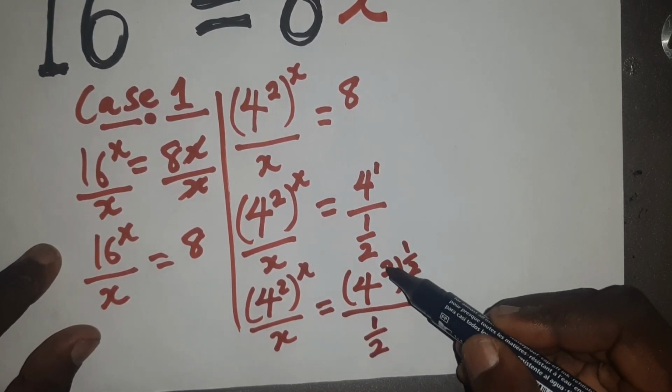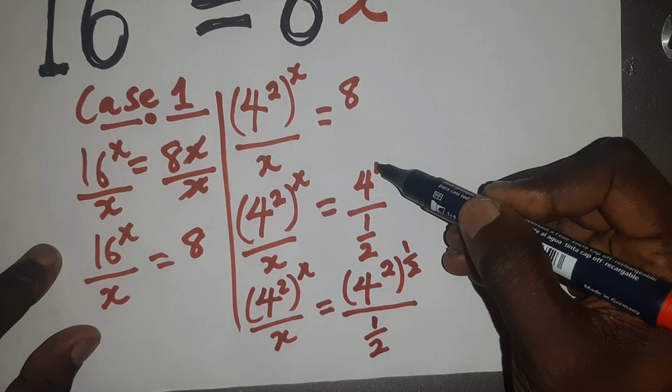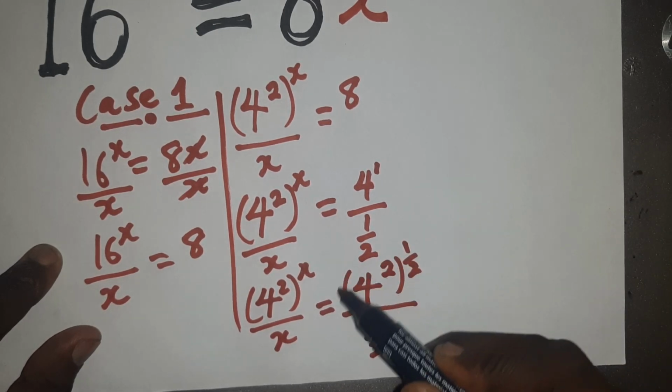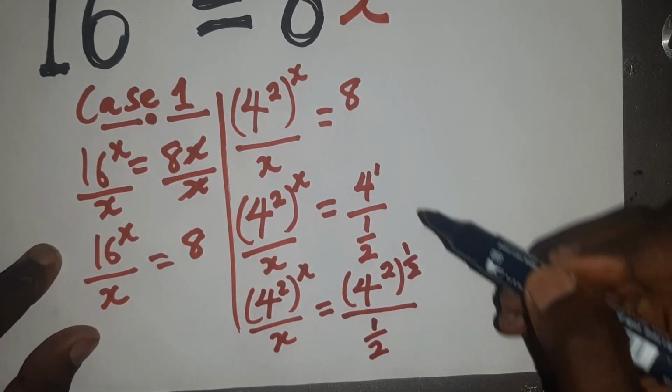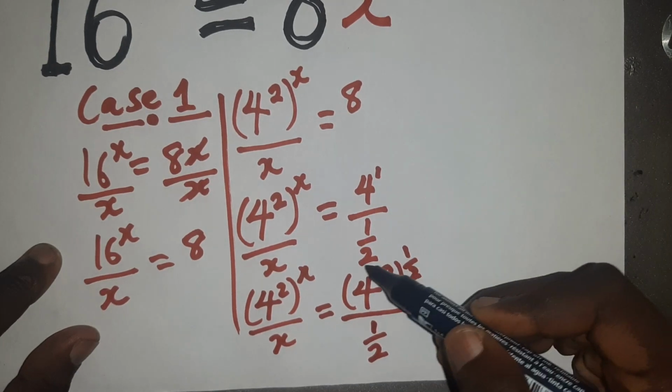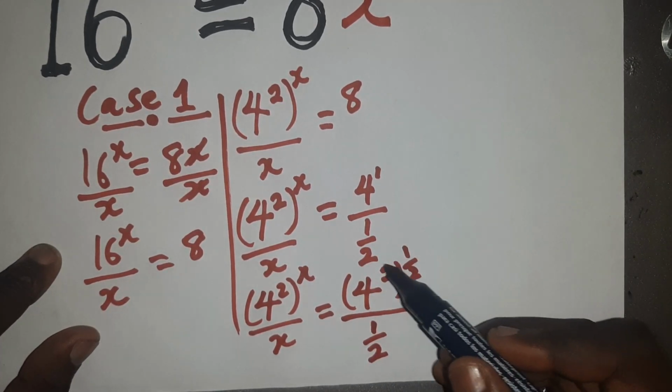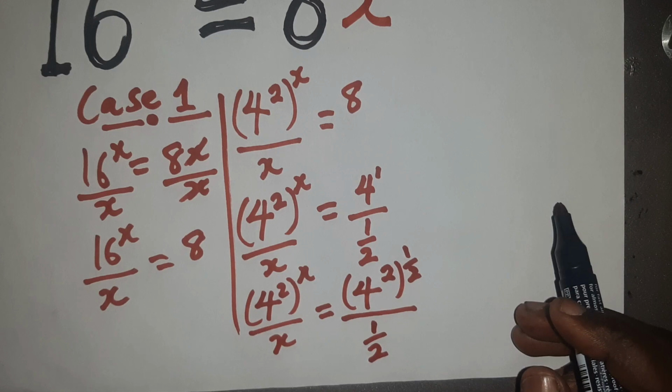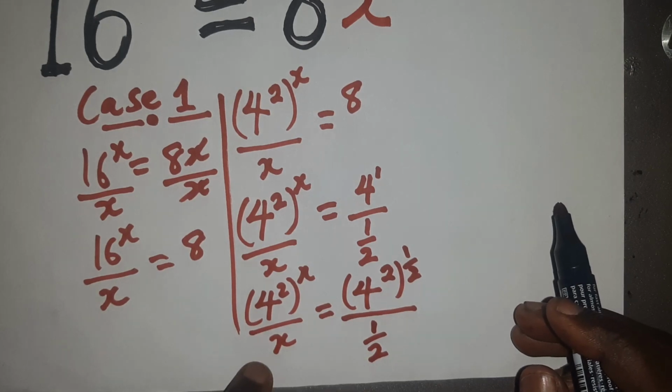Don't forget, if you multiply 2 by 1 over 2, you still get the power 1 here. And if you simplify everything here, you get your 8. So the right hand side is still 8, but we are just manipulating it in such a way that it will have the same pattern as the left hand side.